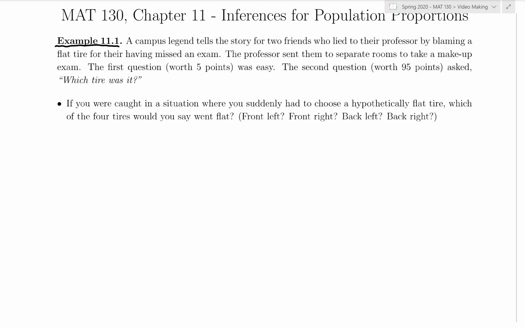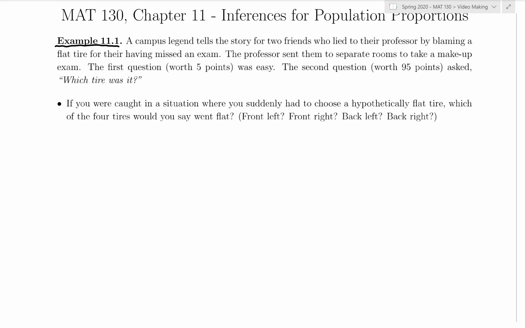So the question is, if you were caught in this hypothetical situation, and you suddenly had to choose between four tires: front left, front right, back left, back right, which one would you pick? Unfortunately, we're not in class, so I can't have you fill out a survey.